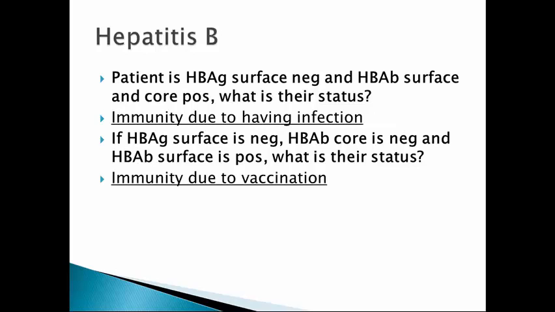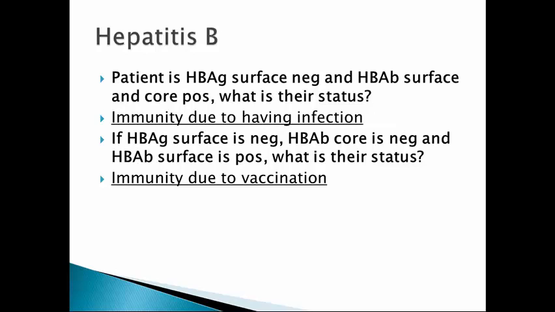They are immune, but they've gained their immunity due to their vaccination. And you can see that because their core is negative. In the previous example, their core was positive, so they actually had the infection as opposed to being vaccinated.